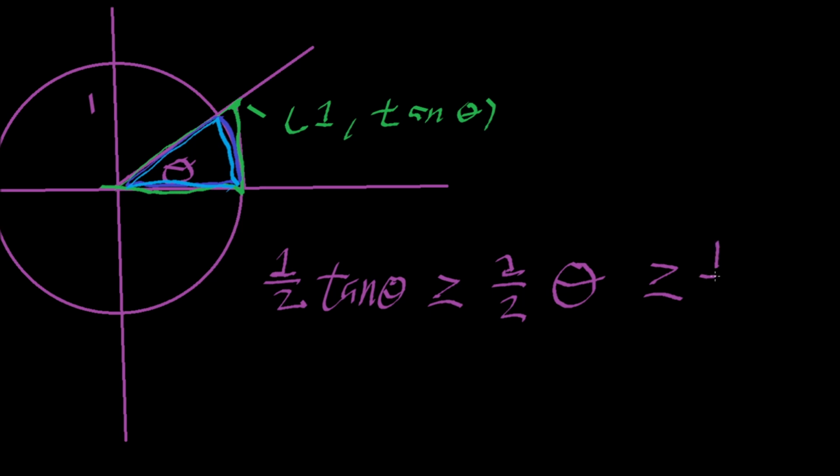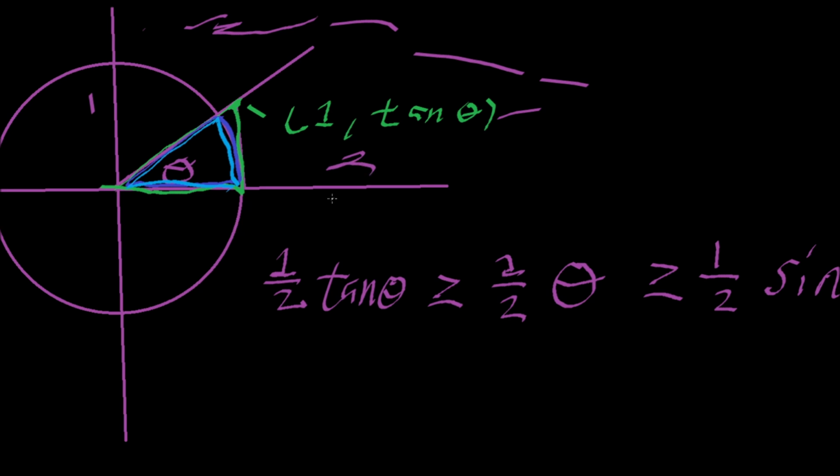So 1/2, we're still in the unit circle, so the base is 1, and just by definition, its height will be sine of theta. And I'm assuming that we're always in the first quadrant for these inequalities to hold, so the shapes work out. So we're always somewhere in here.